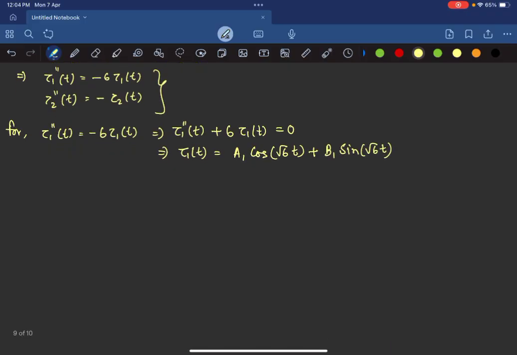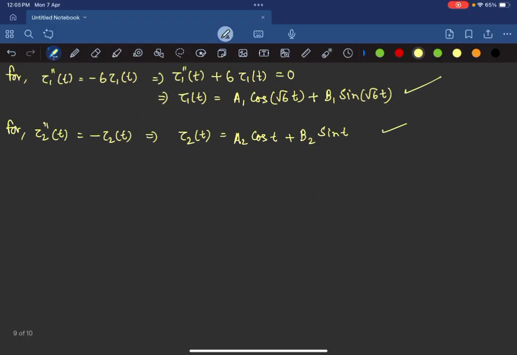Similarly for z2''(t) equals minus z2(t), from here z2(t) is going to be A2 cos t plus B2 sin t. Okay, z1 and z2.